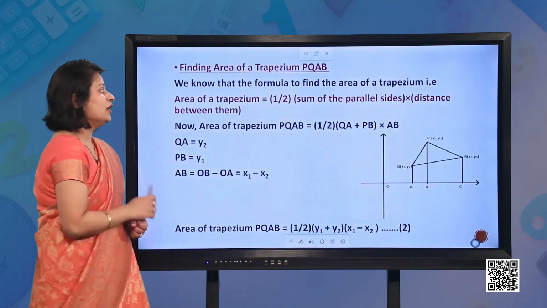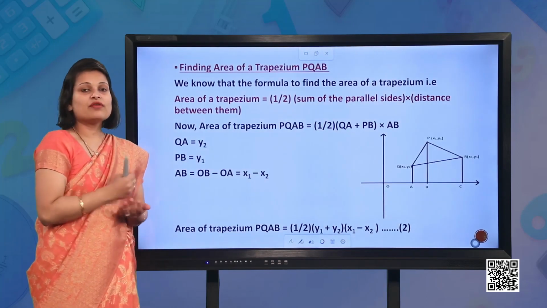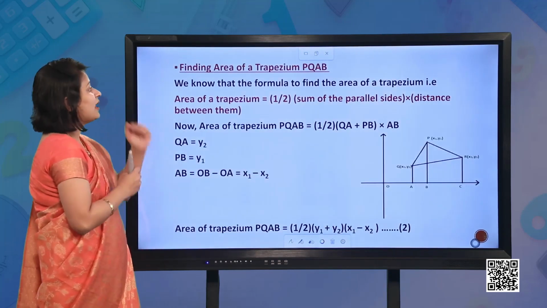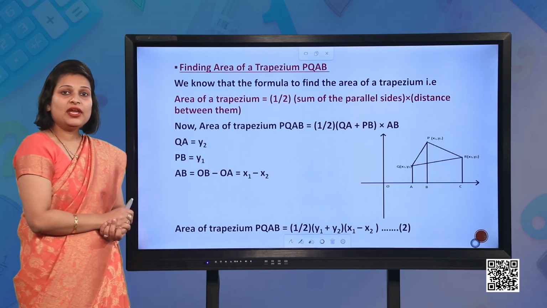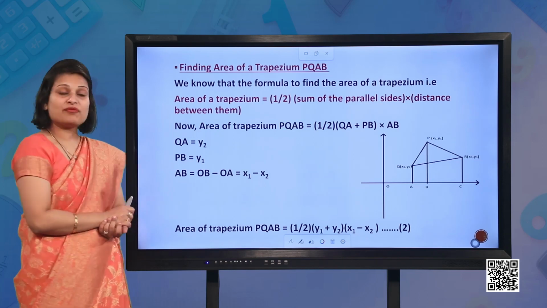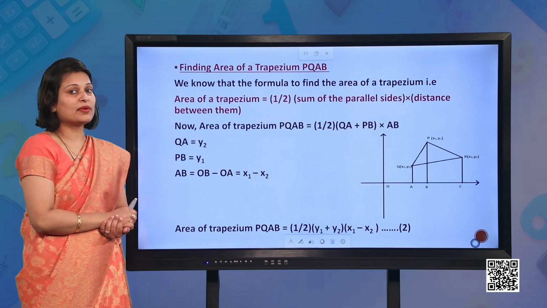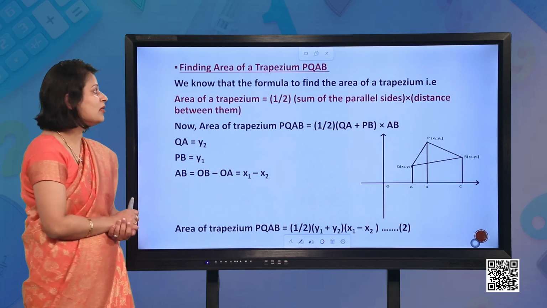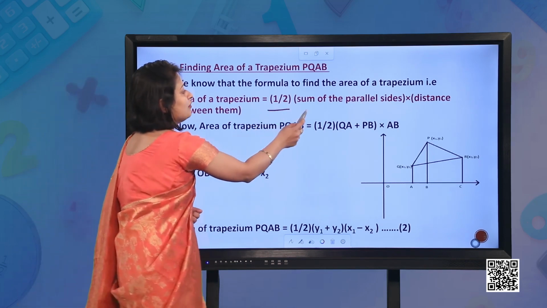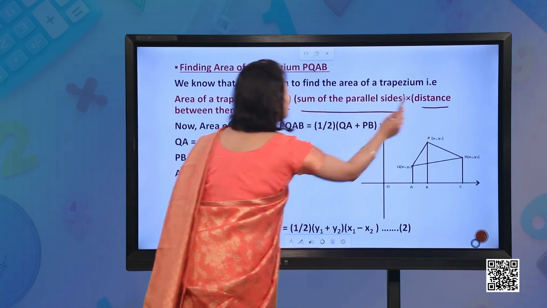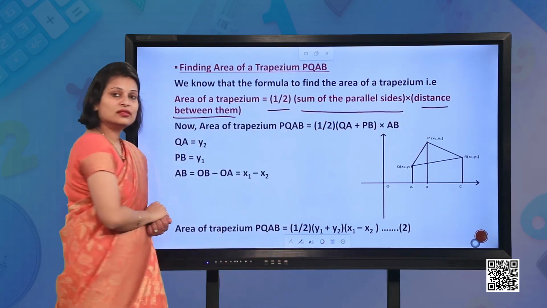So now we need to calculate the areas of all three trapeziums. Finding the area of trapezium PQAB: what do we have to do? We have to apply the formula for the area of a trapezium, which is half into the sum of parallel sides into the distance between them.